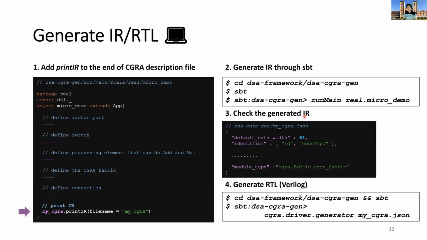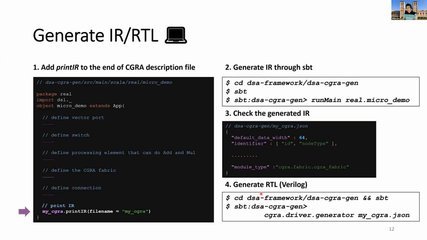So every time I say IR, I'm referring to the ADG, a JSON file. We want to generate the RTL out of the ADG, which is actually a graph. If you open up the IR, the ADG file, you can find that this is a graph because it defines a bunch of nodes and a bunch of connections. So you can actually build a graph out of that.